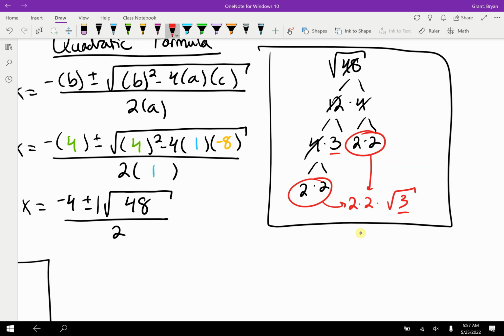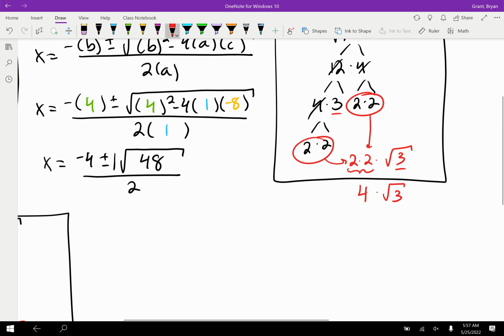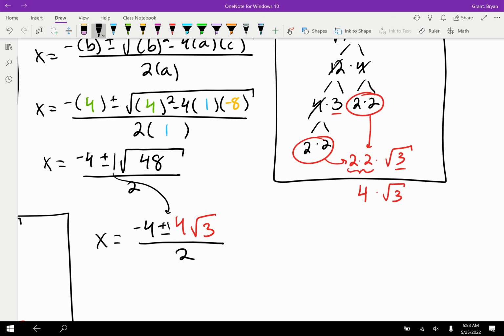And so if you clean this up, this to me looks like 4 times the square root of 3. So let's go ahead and take that x equals, keep everything as is, but instead of the square root of 48, it is being replaced with 4 square roots of 3. You could, if you wanted, keep the 1 outside, but 1 times 4, that's just 4, right? So no reason to write the 1.